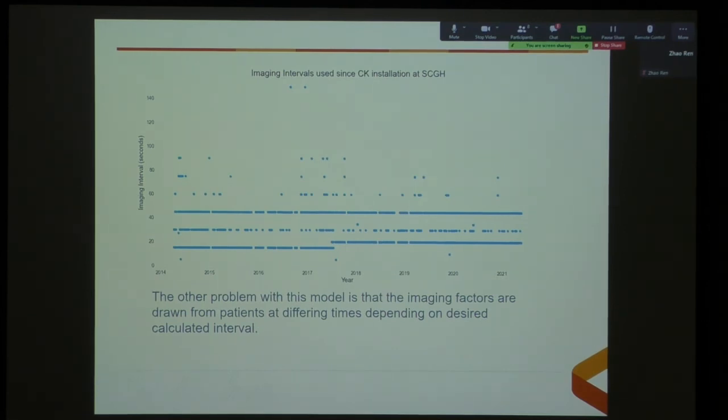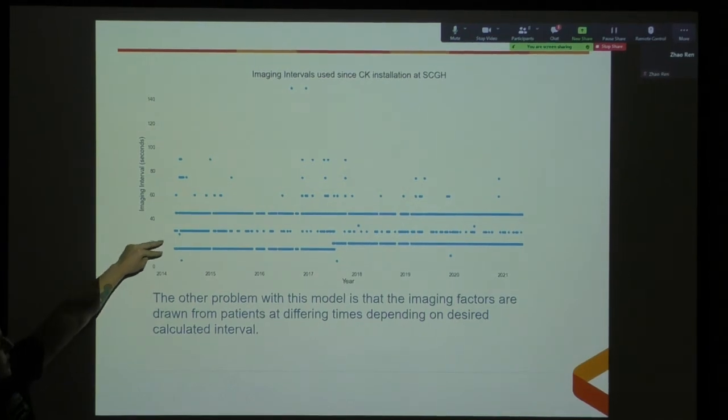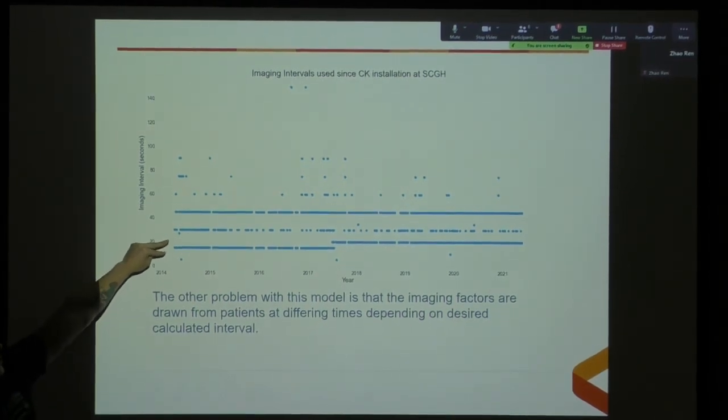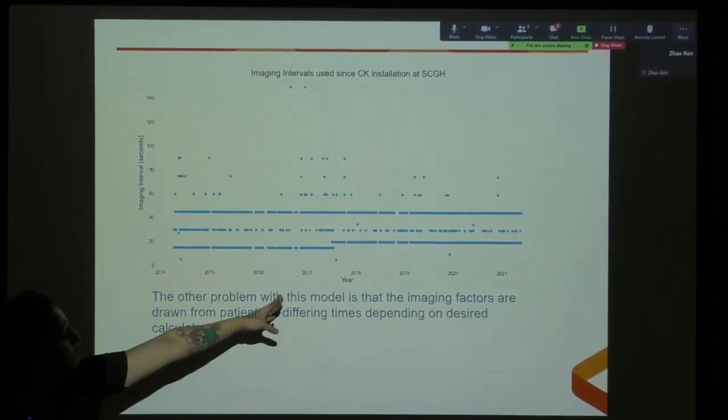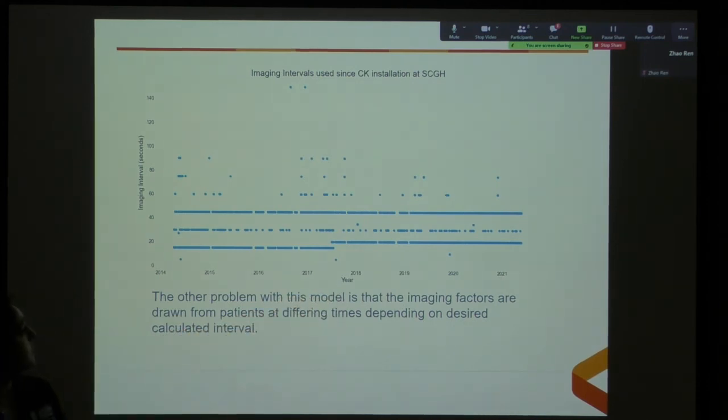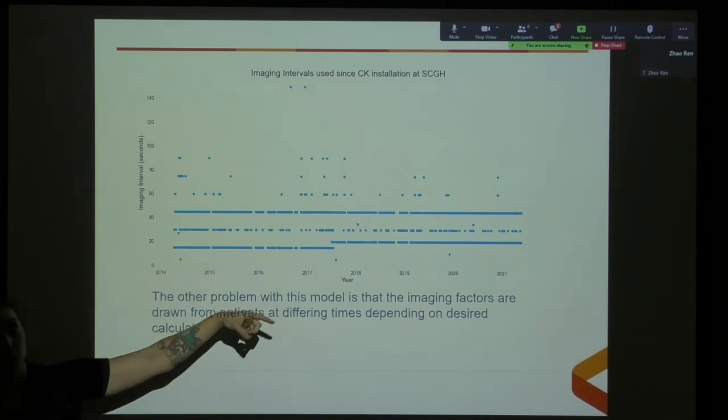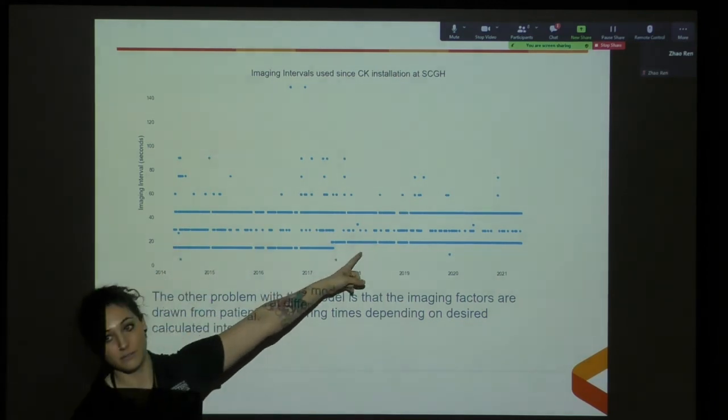The other problem I have with using the factors is the fact that the imaging protocol changed between 15 and 20 seconds about halfway through the data set from the installation of CyberKnife, which means multiples like 30 seconds are only pulling from this patient set, multiples like 40 seconds are only pulling from here.